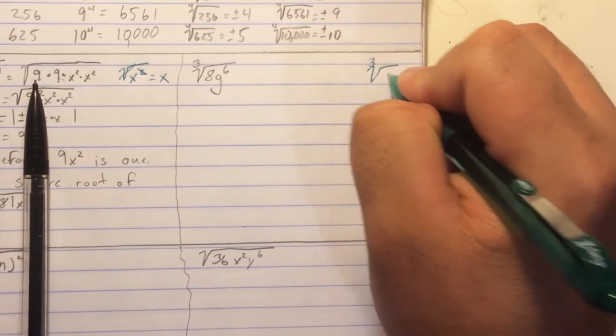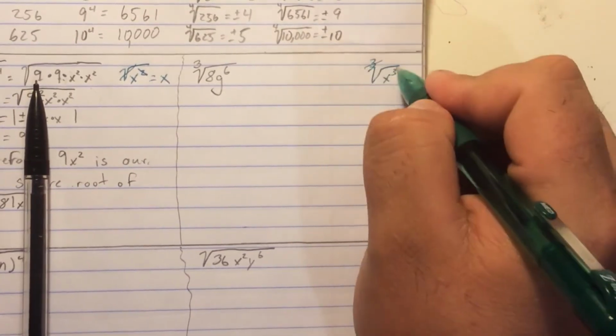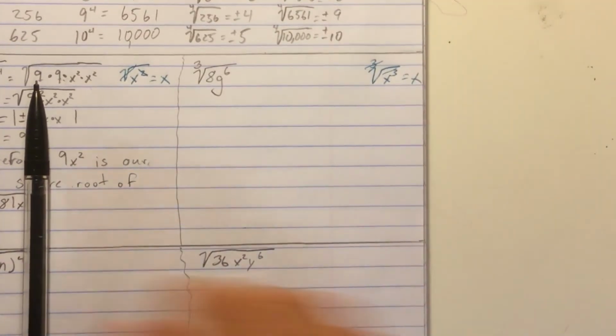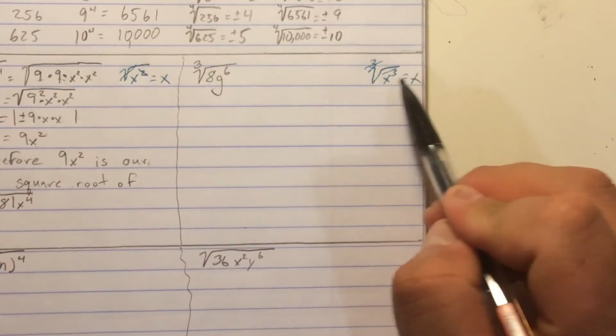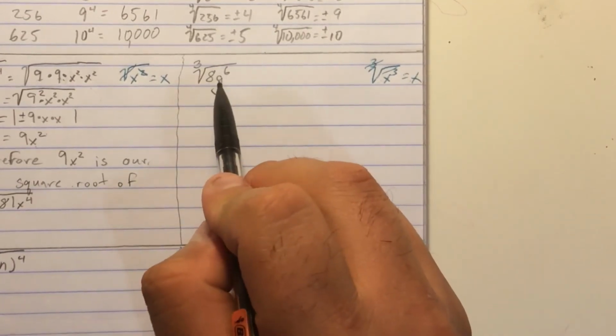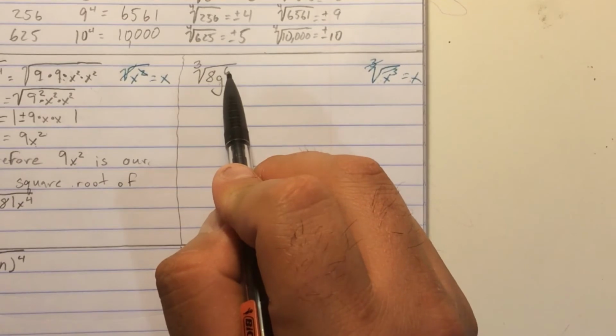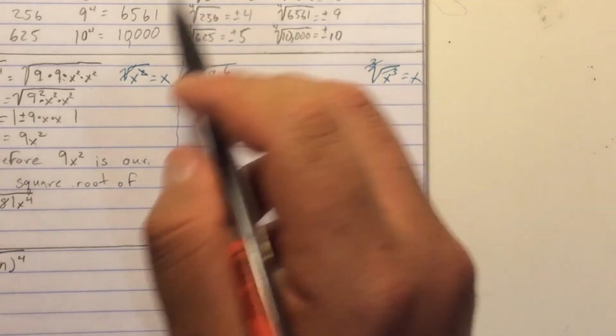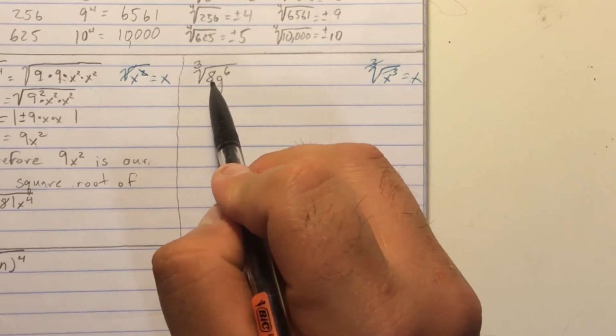it's going to be the cube root of x to the third. These would reduce out, and you'd be left with x. Depending too, because if this is negative you would have a negative, but since it's positive, it's positive. Similarly here, we have g to the 6th power. We'd have to make this 2 copies of g to the third in order to take them out. But first we have to deal with this pesky 8.